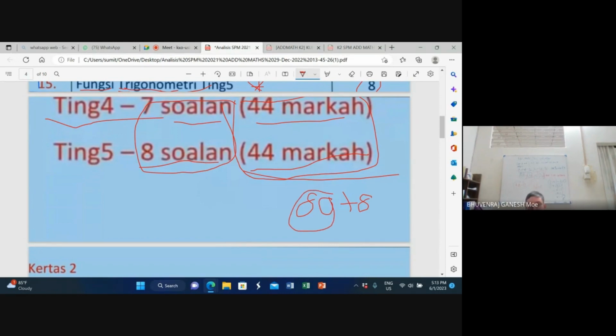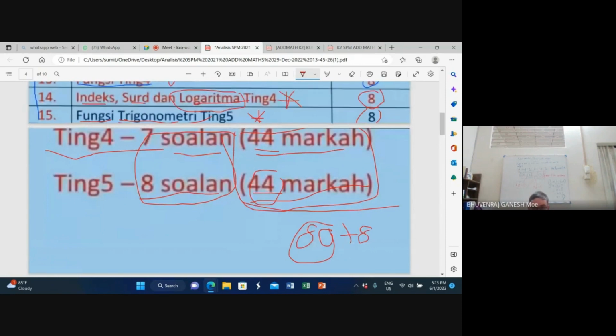So what do you think? You see the total marks here for Form 4 topics and Form 5 topics. Can you see that they are equal, although the number of questions are different? Form 5 actually came out with more topics than Form 4, but I can say almost equal, because 7 and 8 is not a big difference anyway.